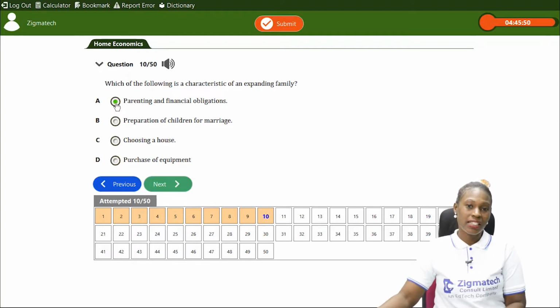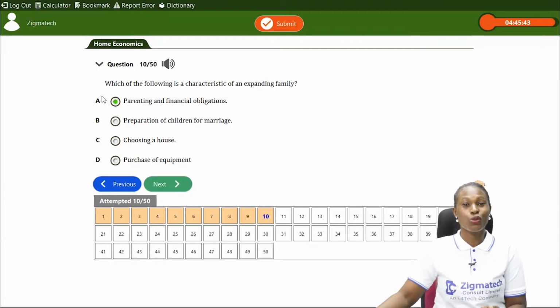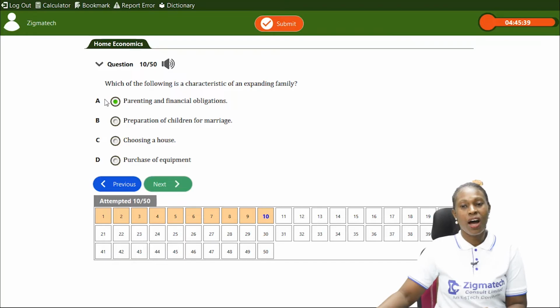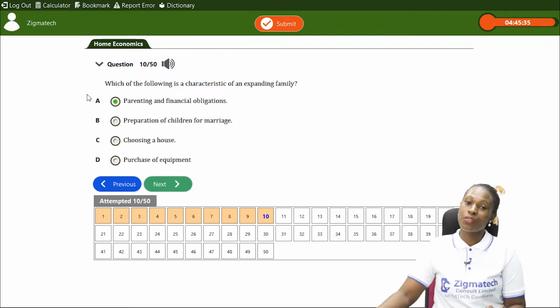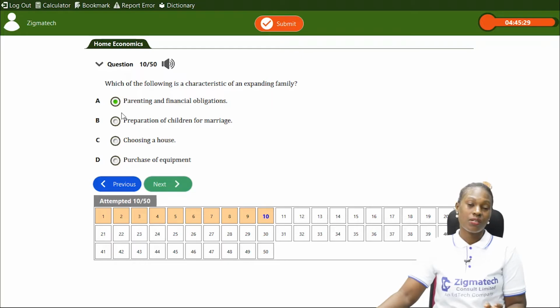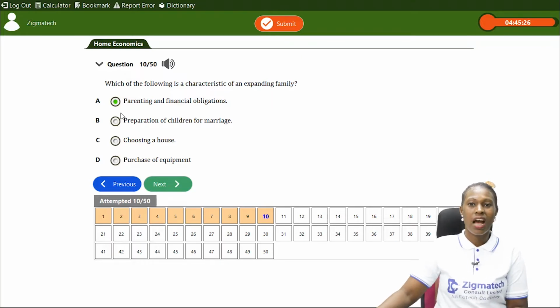You have to parent the children properly, and then of course there are also financial obligations. You need to do other things that go beyond bringing children. You have to take them to school, buy them things, clothe them, and a whole lot of that. So parenting and financial obligations are characteristics of an expanding family.